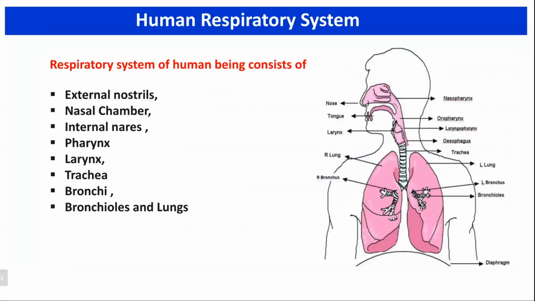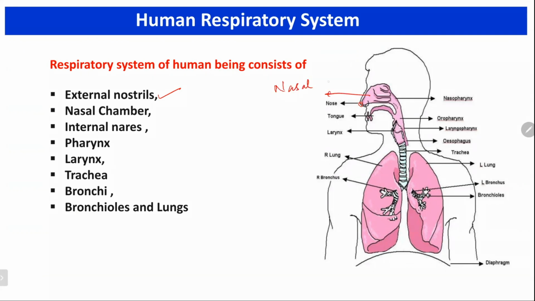External nostrils, you can see external nostrils. Here this is nose, open outside by means of small opening called external nostrils, right? Then these external nostrils open into nasal chamber. So nasal chamber you can see here.